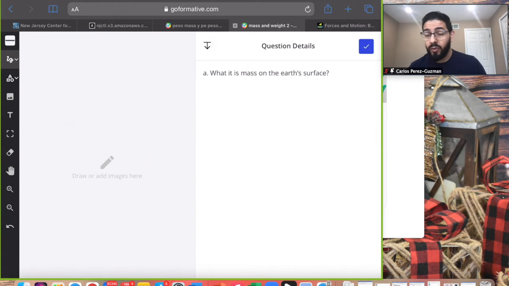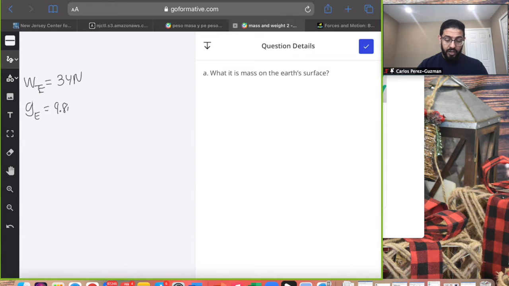The only information that we have is that the weight of the object on Earth is 34 newtons. If we want to find the mass, we need to use the gravity of Earth, that is 9.8 meters per second squared, and we want the mass of the object.